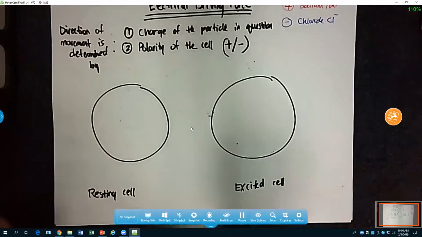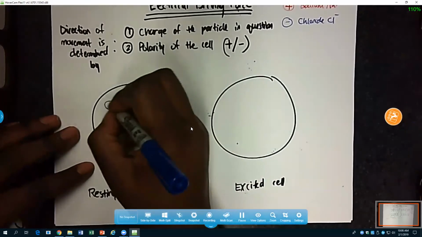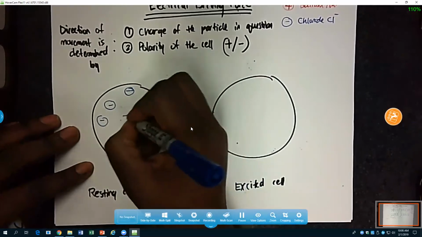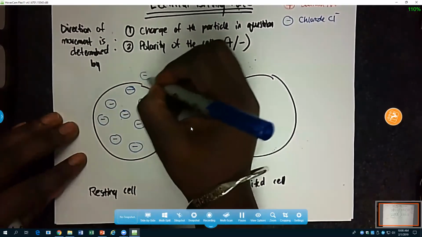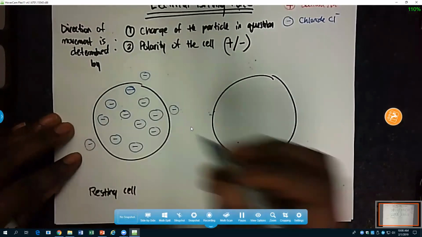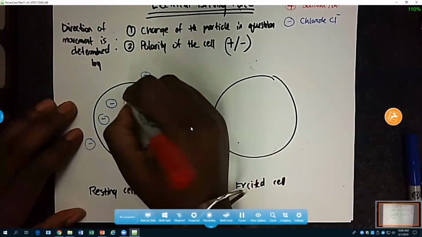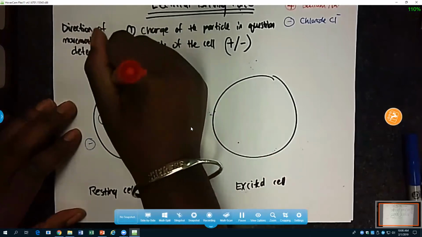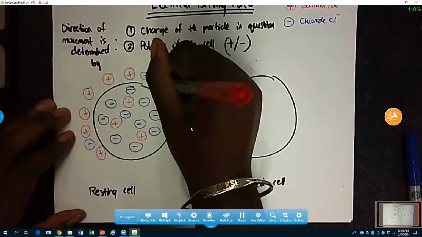Now at rest, we said that there's more negative inside the cell than there is positive. So we got lots of negative, and there's less negative outside the cell. So there's fewer positive inside, and outside the cell, there is an excess of cations, right? In this case, sodium.